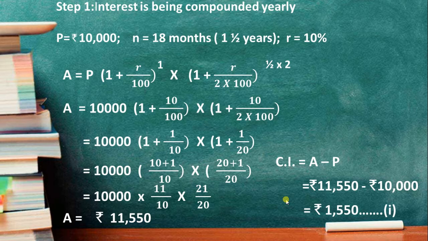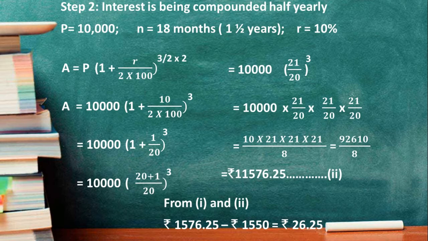In the step 2 process, that is in the second step, when the interest is being compounded half yearly for the principal amount of 10,000 for 1.5 years at 10%, use the formula amount is equal to P into (1 plus R by 2 into 100) whole to the power 3 by 2 into 2.